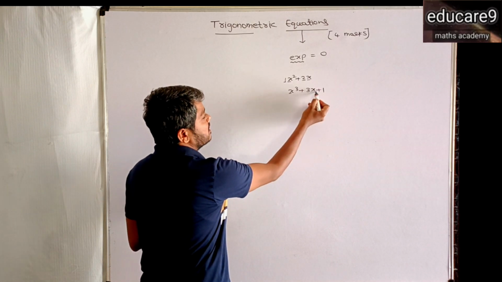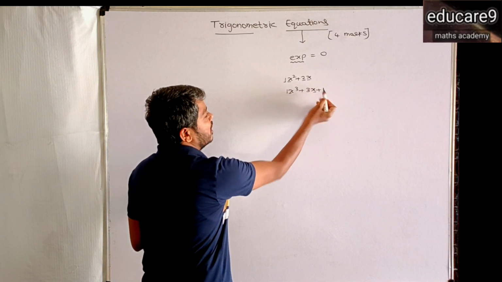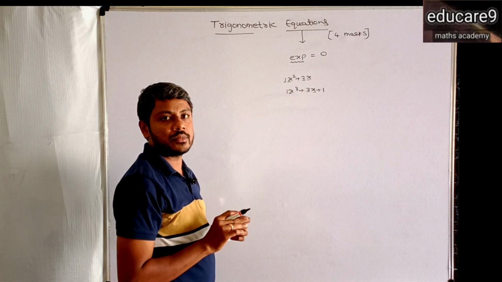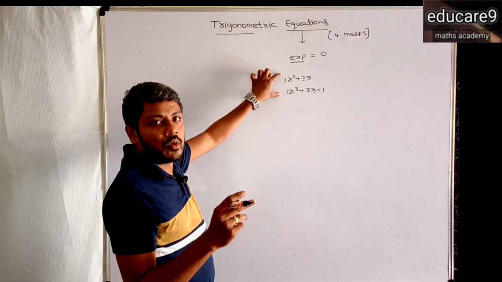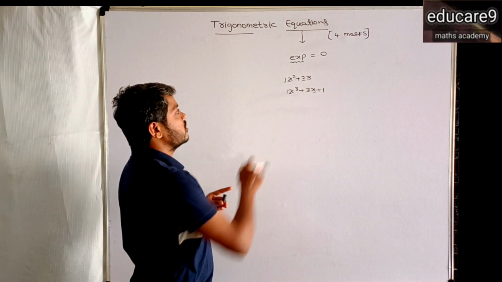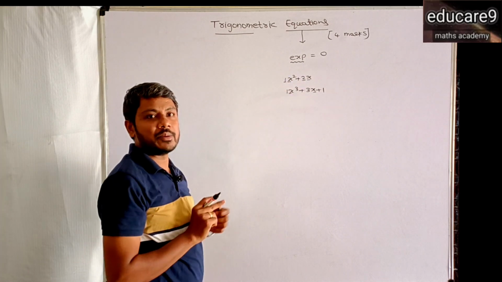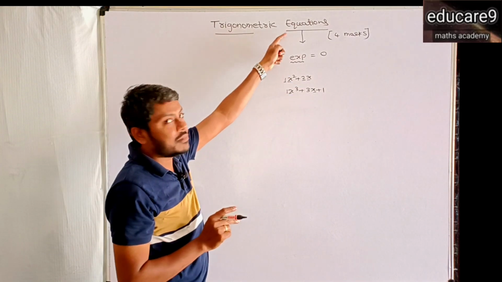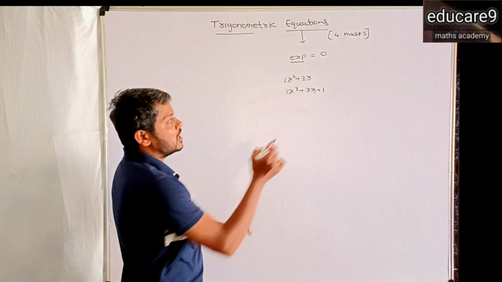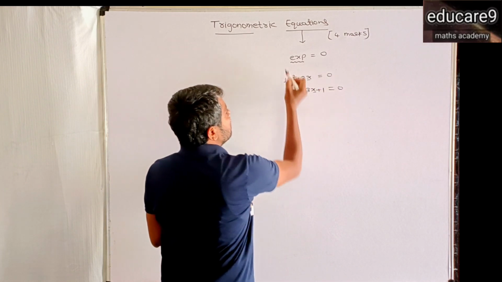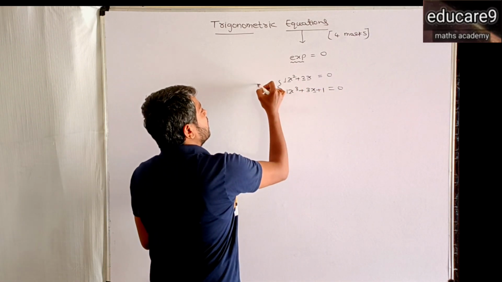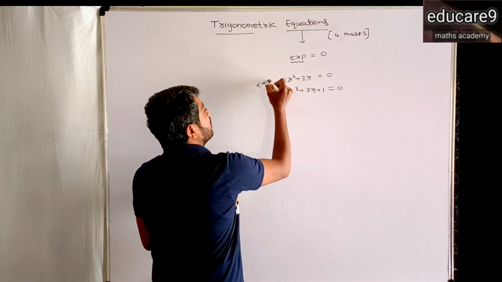Here also x is the variable, and 1, 3, 1 are the constants. So which are the combination of variables as well as constants? Those are called expressions. Now, for an equation, you should write these expressions equal to 0. So that is called an equation.